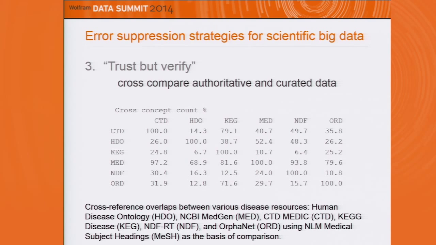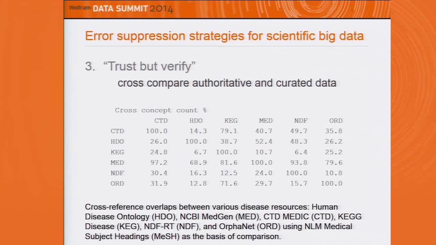So to give you an example of things that are important for PubChem, we took various disease ontologies and vocabularies and did a cross comparison to see how they compare between their disease concepts. We use MeSH, the Medical Subject Headings from the National Library of Medicine, used to index the biomedical literature. It's a series of dictionaries, one of which includes lots of disease concepts. But the idea here is not necessarily to look at all these numbers, but to notice that a lot of these numbers are not 100% or in the 90s.